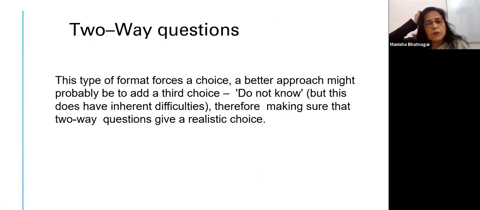We can have two-way questionnaires where you can have choices, like a middle choice also. A better approach can be to add a third choice, do not know. It makes sense because some people are in between, they're not sure, so it can be added.